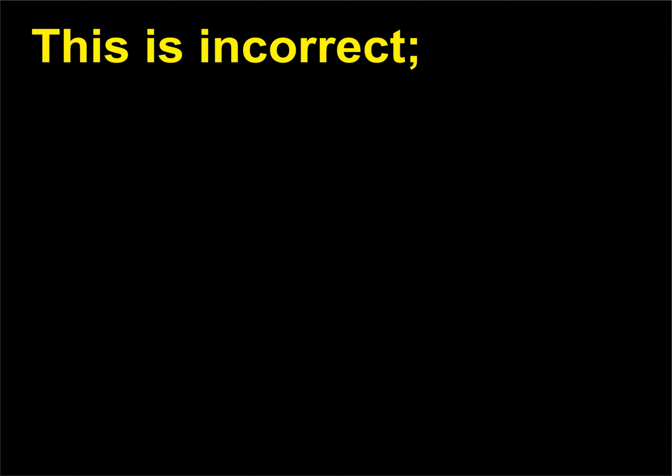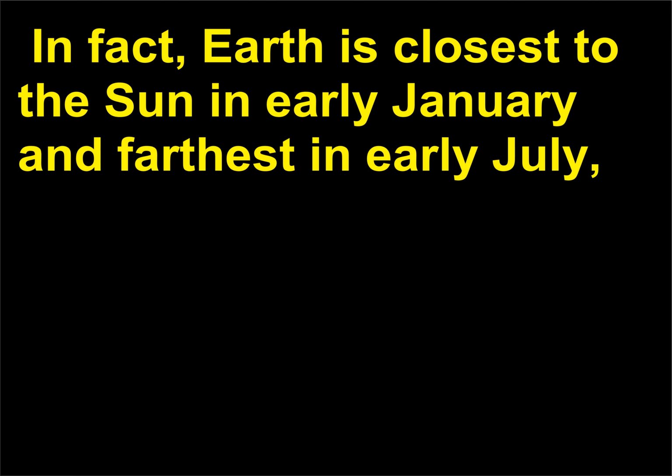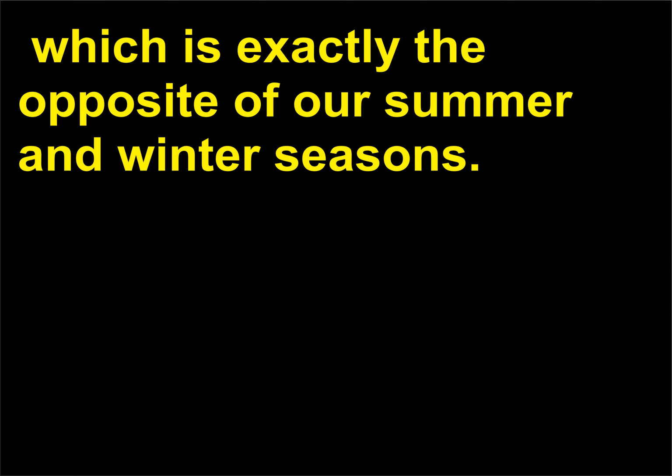This is incorrect. Earth's elliptical orbit is close enough to a perfect circle that distance is not the reason. In fact, Earth is closest to the Sun in early January and farthest in early July, which is exactly the opposite of our summer and winter seasons.